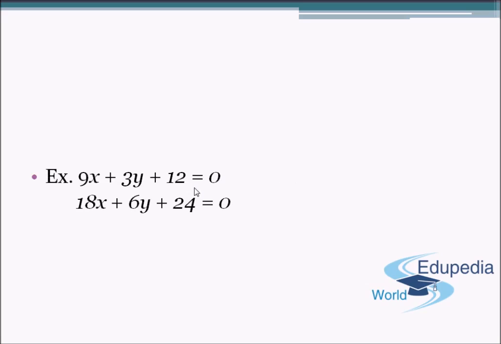9x plus 3y plus 12 equal to 0 and 18x plus 6y plus 24 equal to 0.